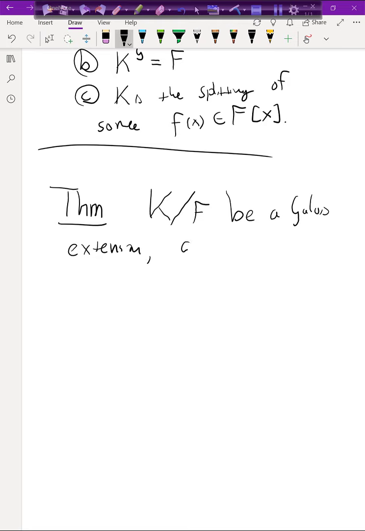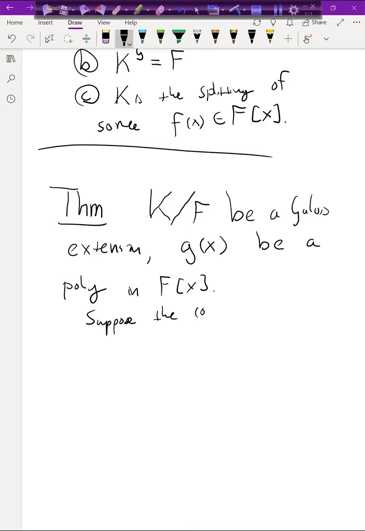And we're going to let g(x) be a polynomial in F[x]. Suppose the roots of g that are in K are beta 1 through beta r. Oh, I'm sorry. Let's suppose g splits in K.